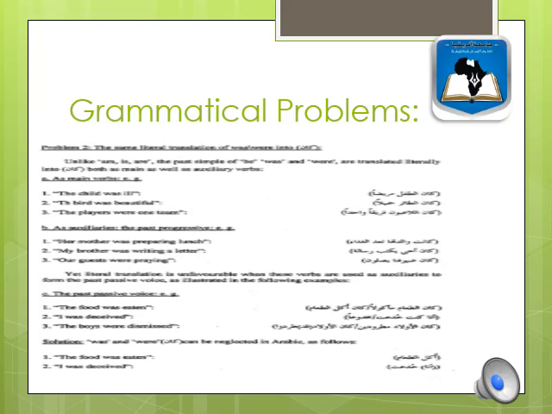So according to grammatical problems, English and Arabic belong to two different and distant language families. English is West Germanic and Arabic is of the Semitic language family. Consequently, their grammars are sharply different.